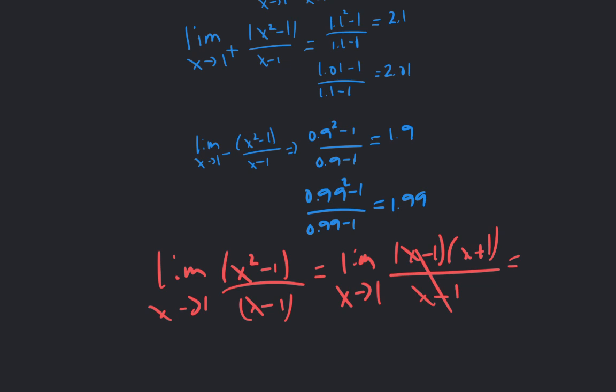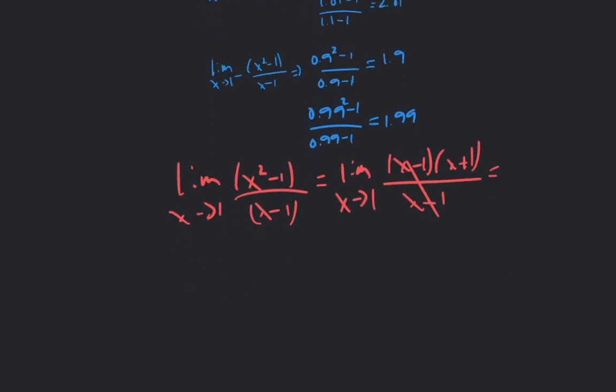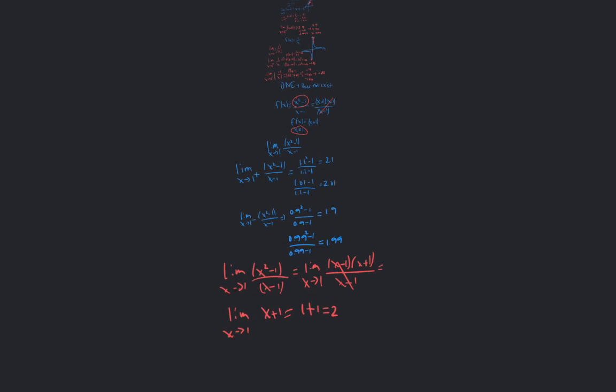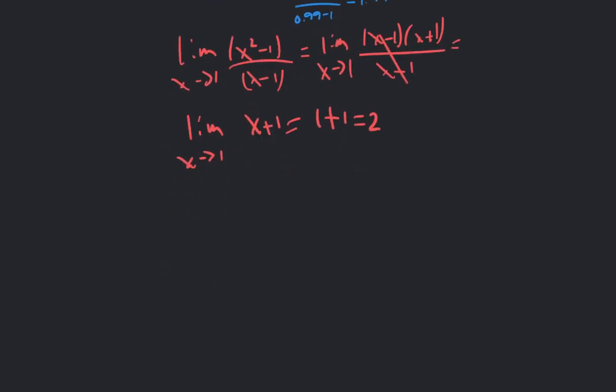Cancel those out, and then just the limit as x approaches 1 of x plus 1, which would be, now we can plug it in, and that's 1 plus 1, and that's just 2.